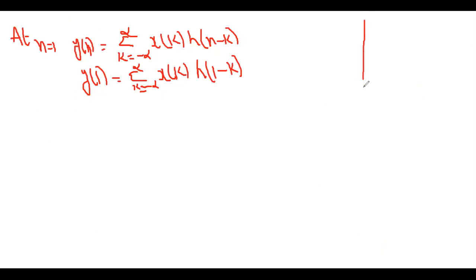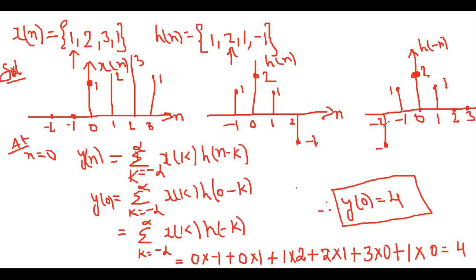Now I am drawing h of 1 minus k. See here, minus 2 now gets to minus 1, the minus 1 value is at 0, the 0 value is at 1, and the 1 value is at 2. So one sample is shifted towards the right side.